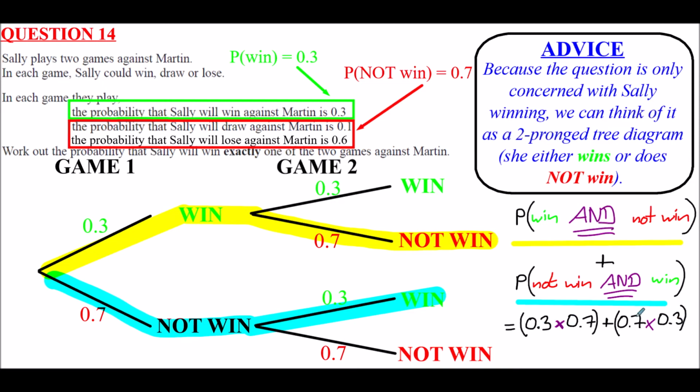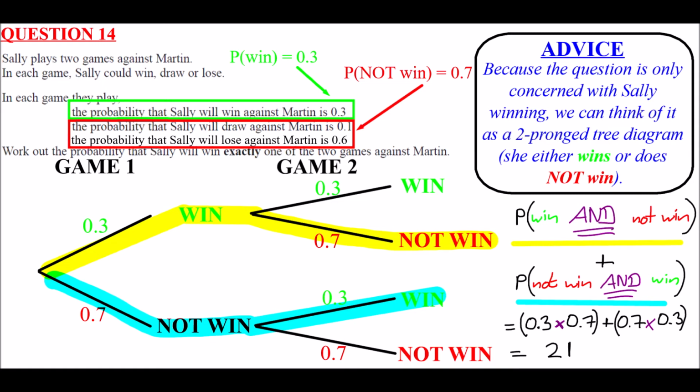So 0.7 times 0.3 will be the same as 0.3 times 0.7. The same numbers, the order's switched, but when we switch the order in terms of when we're multiplying numbers, it doesn't affect the outcome. 2 times 4 is the same as 4 times 2. So really, we just need to do one calculation and double it. So ignoring the decimals, what's 3 times 7? Well, 3 times 7 is 21. However, this calculation here has 2 decimal places in total.